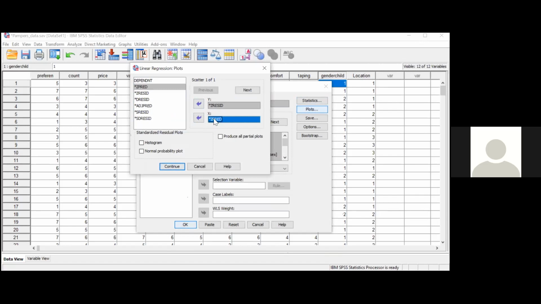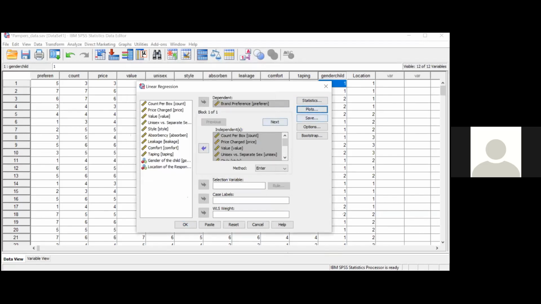We will discuss what this graph gives us. And we also introduce these two things: one is histogram and the other is normality plots. All these things will be discussed when we check the assumptions. So we will continue.